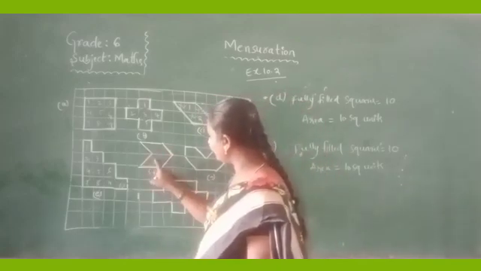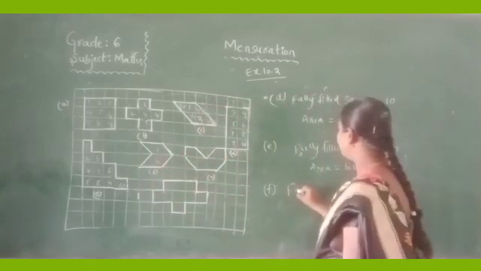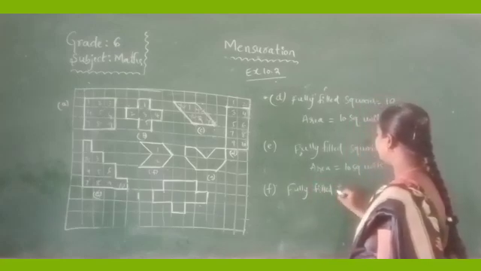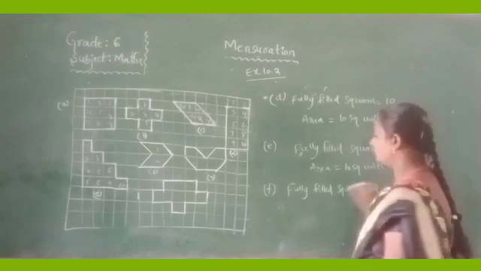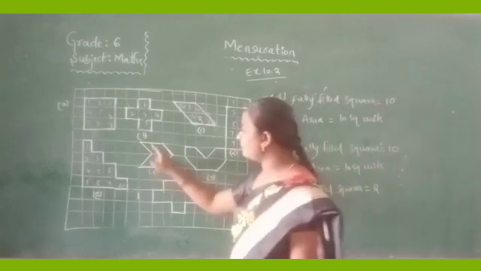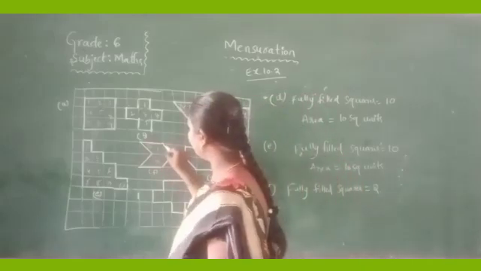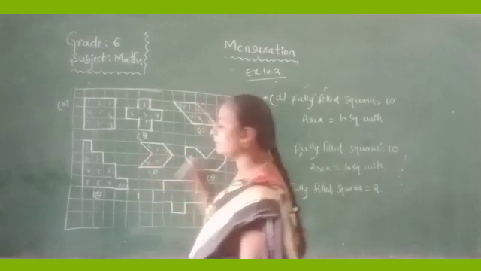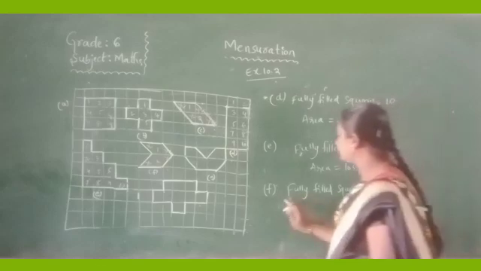Full squares are 2. Half filled squares: 1 half, 2 halves, 3 halves, 4 halves. 4 halves, nothing but 2.